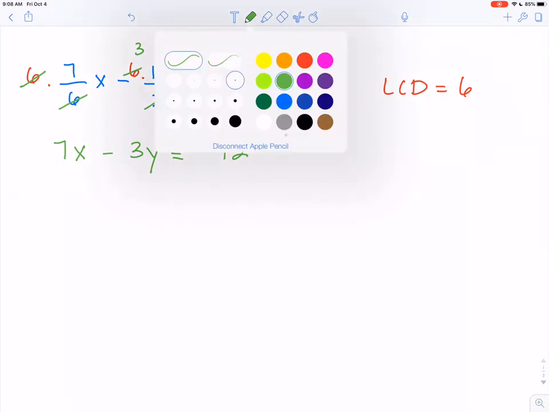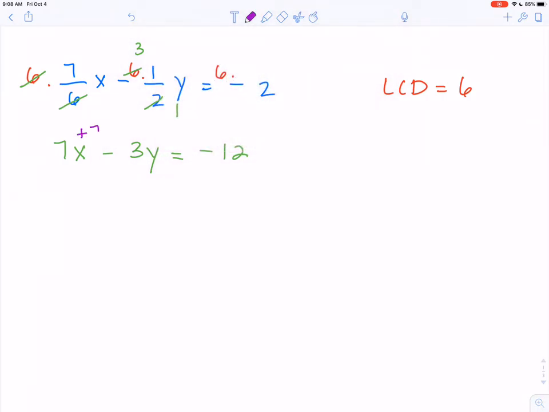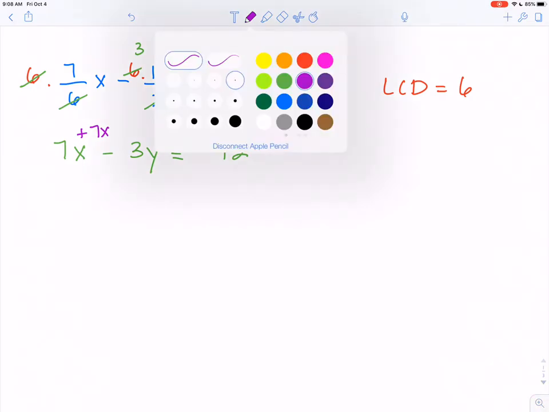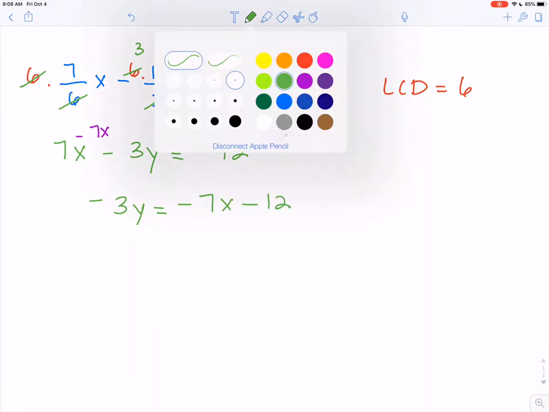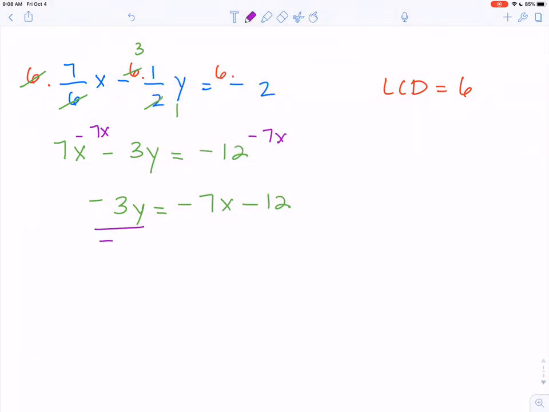And then same thing. Now that I've gotten rid of the fractions, I just want to solve it for y, get y by itself. So if I, oops, sorry about that, that should be subtract 7x from both sides. This becomes negative 3y is equal to negative 7x minus 12. Divide everything by negative 3.